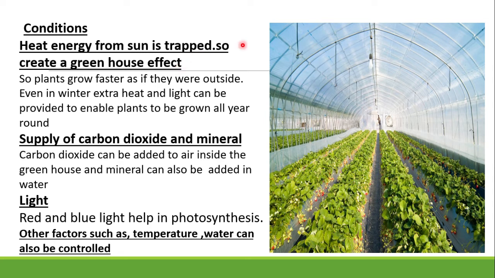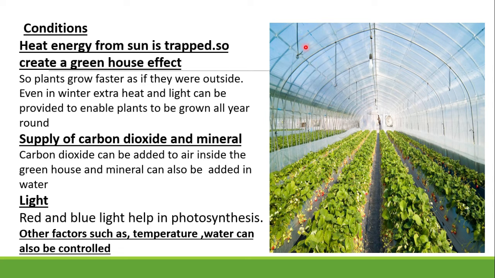How? The plants absorb the sunlight. When the sunlight passes through the glass or plastic sheet, it warms the air and of course the plants. So they convert this heat energy to chemical energy.